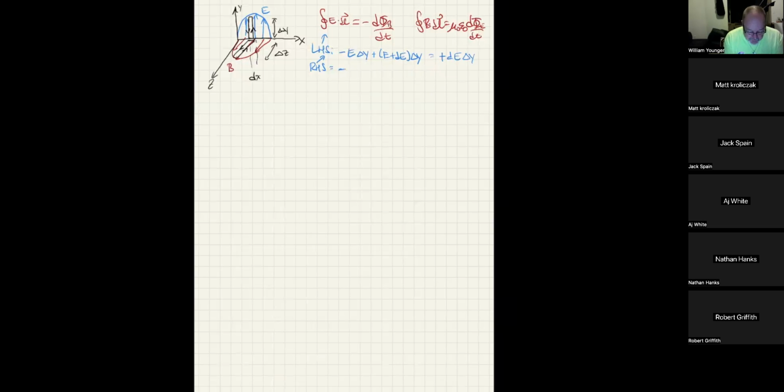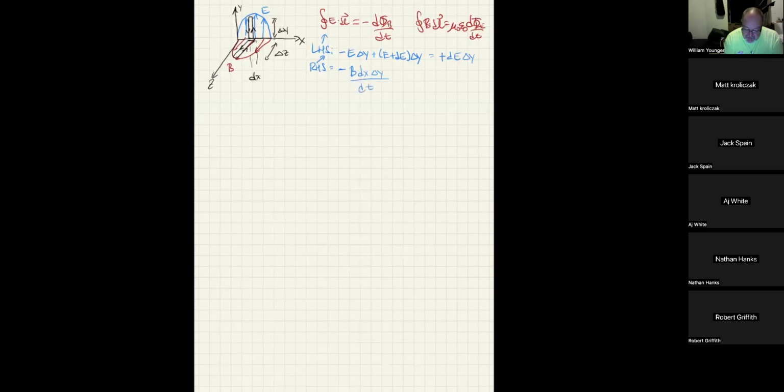Okay, so the flux through that is going to be basically B times delta X times delta Y. Actually, we called that dx, didn't we? So that's B times dx times delta Y, and then of course that divided by dt.